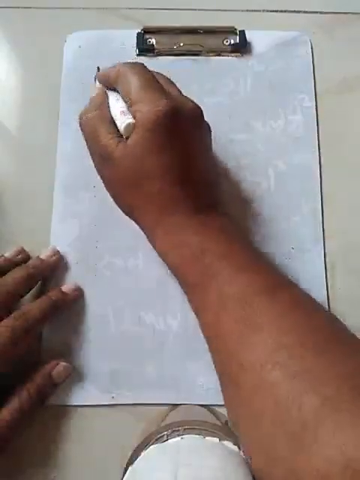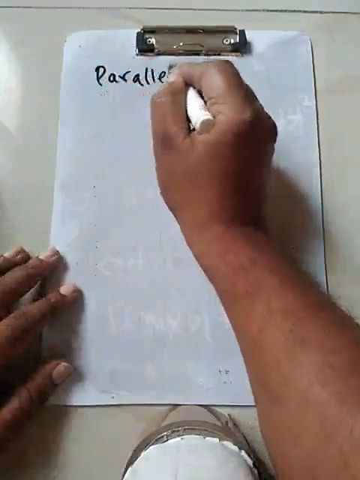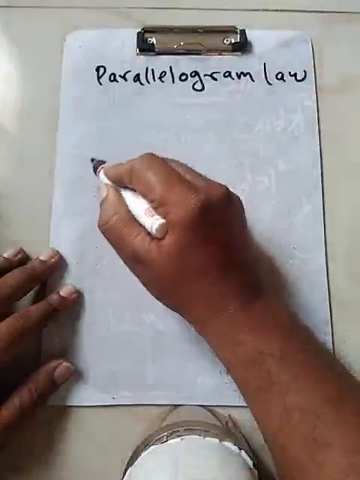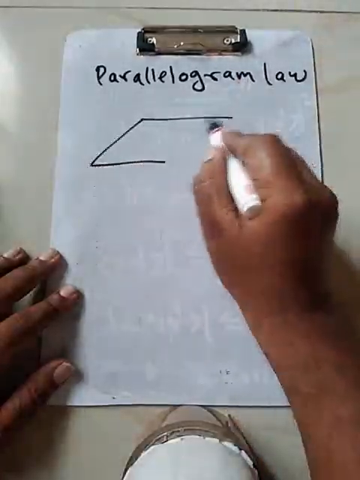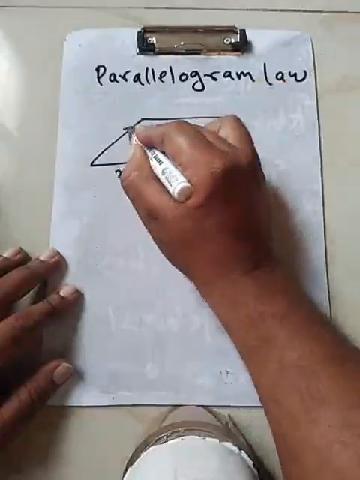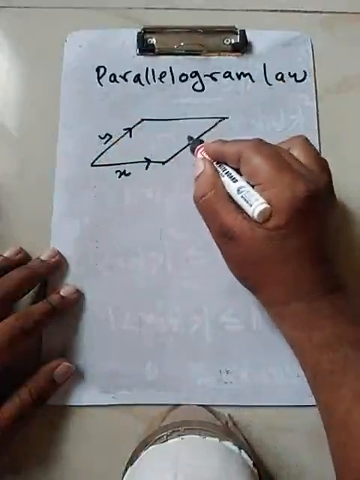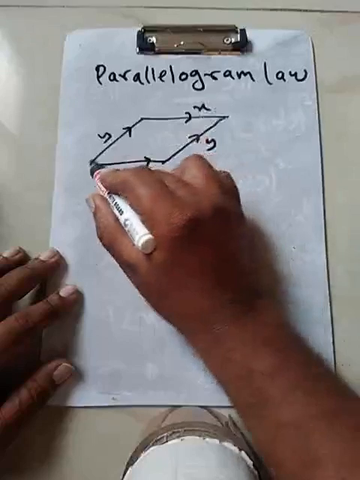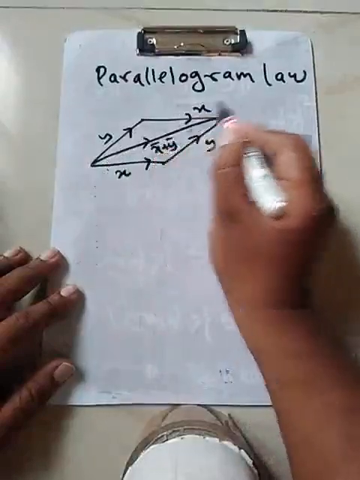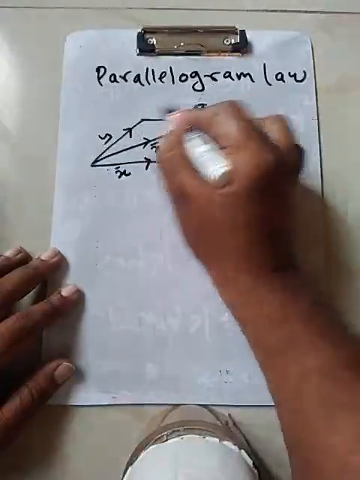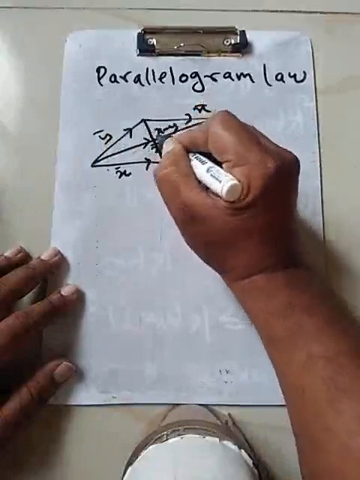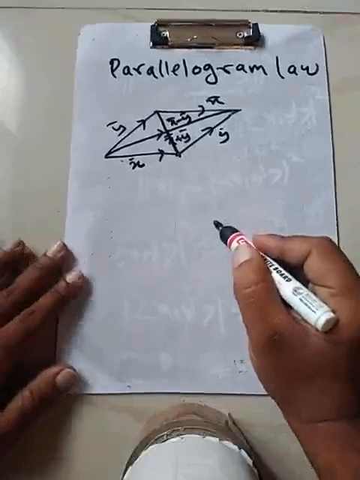The parallelogram law. If we have two sides here, and we complete the parallelogram, suppose this is a vector x, this is a vector y, this is again y, this is x, and this vector over here is x plus y, and this vector over here is x minus y. So what do we have?